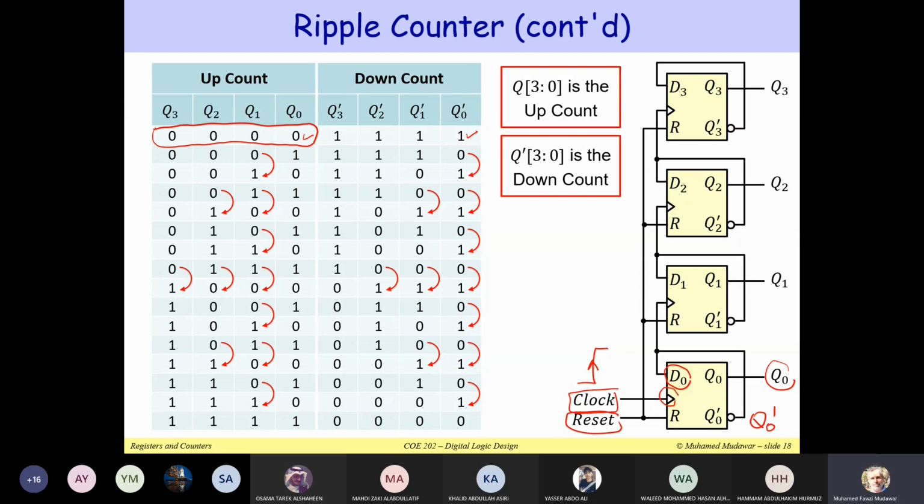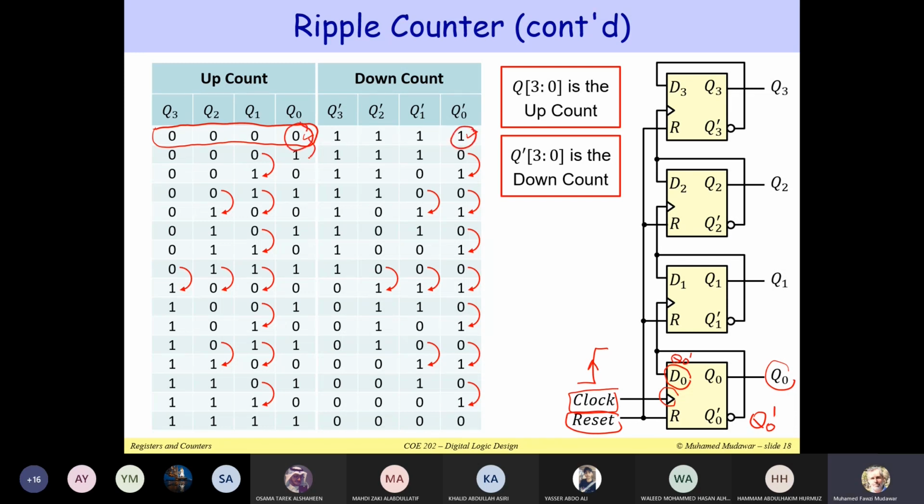Now, cycle by cycle, I'm going to increment my count. So how does this work? Notice that I'm connecting here Q0 prime back to D0. So this is nothing here but Q0 prime. So let me write here small Q0 prime. If Q0 is equal to 0, Q0 prime is equal to 1.